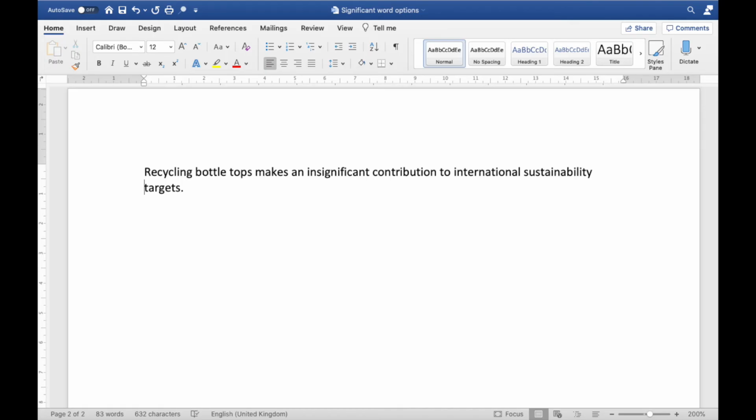So let's give an example of a sentence with insignificant in it that we'll play around with. So consider the sentence, recycling bottle tops makes an insignificant contribution to international sustainability targets.